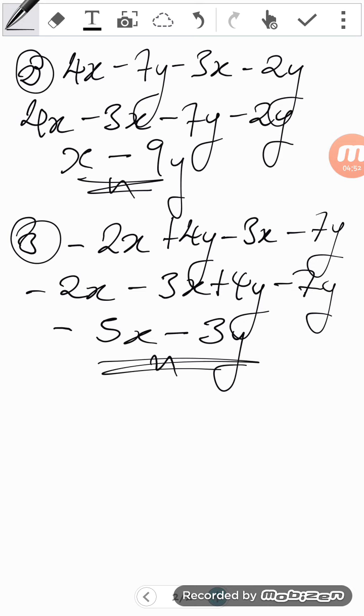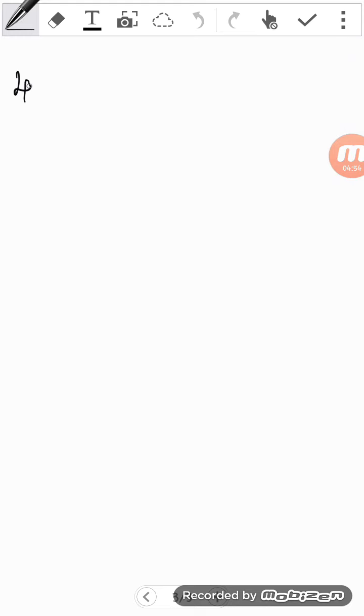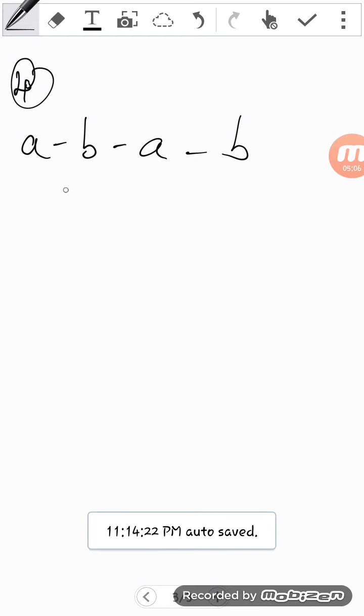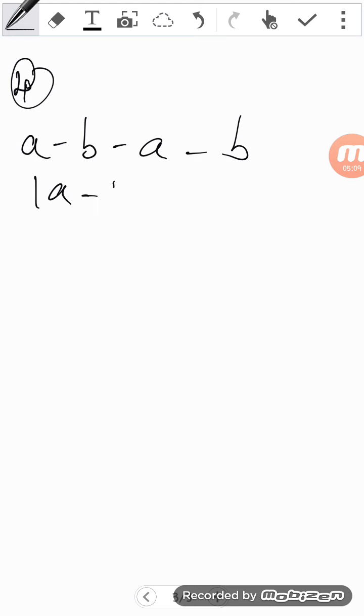Okay, let's look at example number 4. So you're having, let's say, a minus b minus a minus b. Now these letters are just in letter form, but in front of these letters there are numbers. It's like you're having 1a minus 1b minus 1a again minus 1b. If you collect the like terms, remember to get the signs that these terms are possessing.